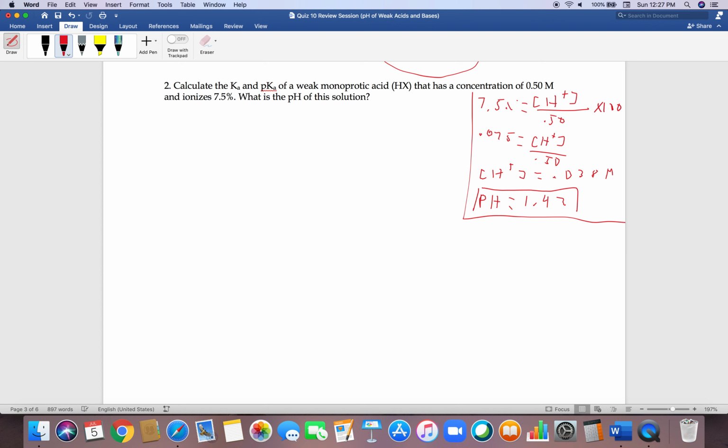So now we need to find the pKa and the Ka of this acid. We're told that it's a weak monoprotic acid, so we can represent this as HX. I don't have to include water, but I do need to include the equilibrium symbol. So I'll get my H plus and my X anion. I'm starting off with initially 0.5 molar, and I have 0 of my products.